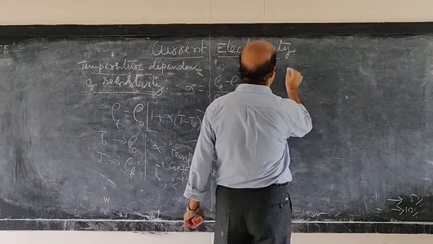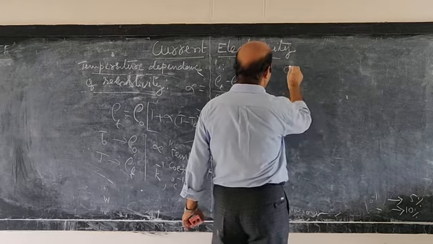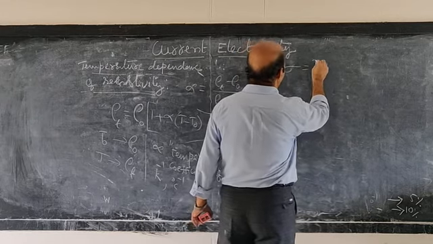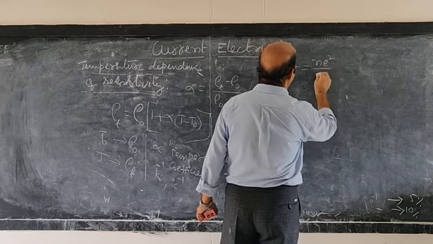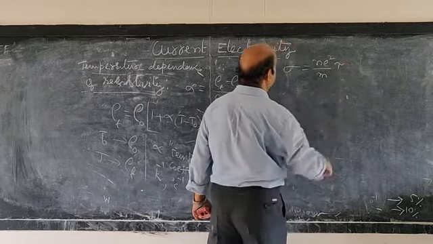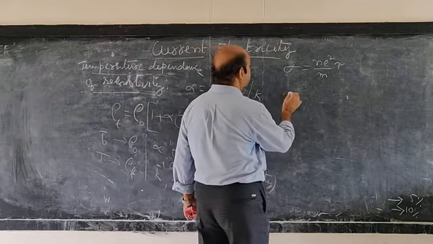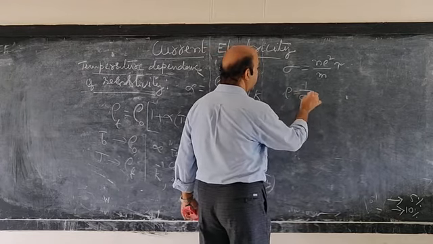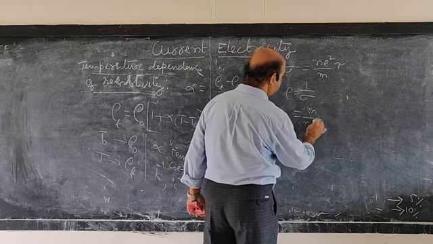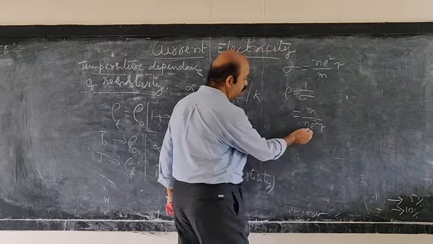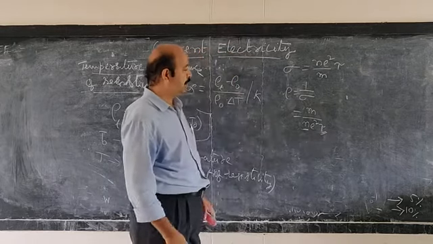The conductivity sigma is given by N e square by m into tau. Therefore, resistivity is the reciprocal of conductivity. Hence, that is equal to m by N e square tau. You know, N is the number of charge carriers per unit volume. Tau is the relaxation time.